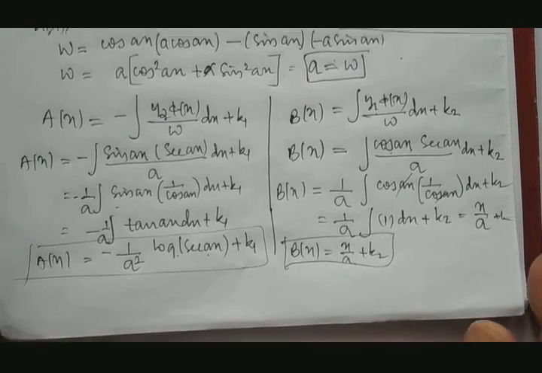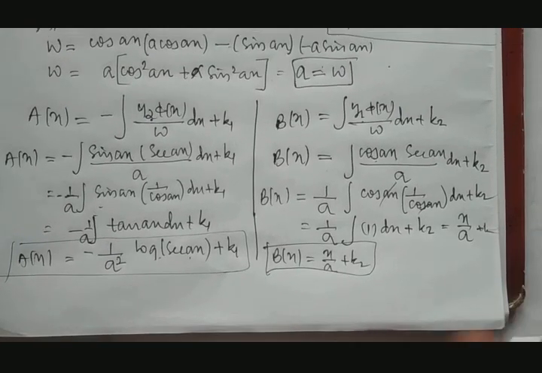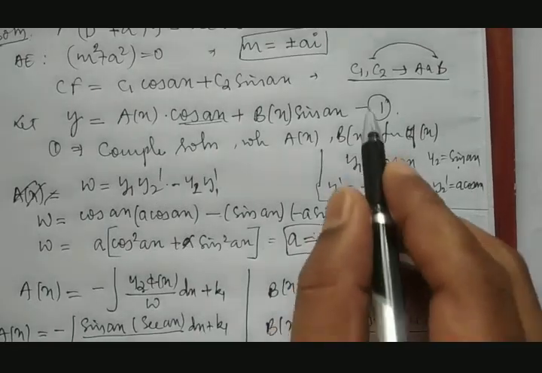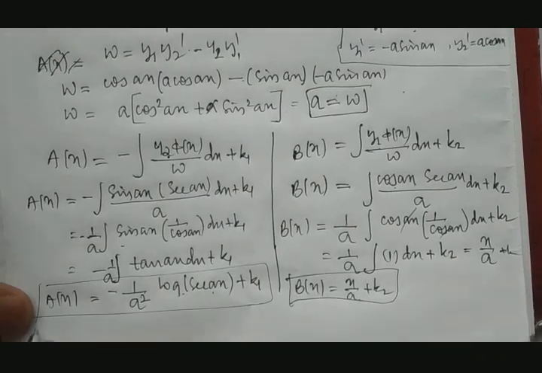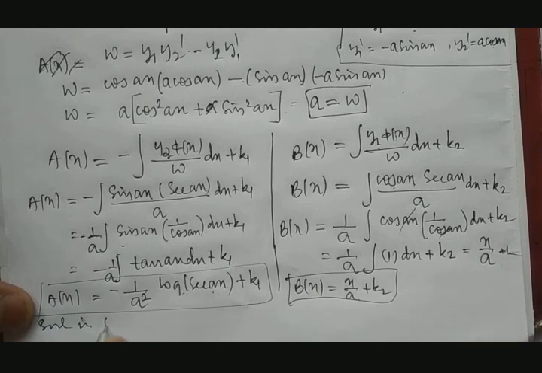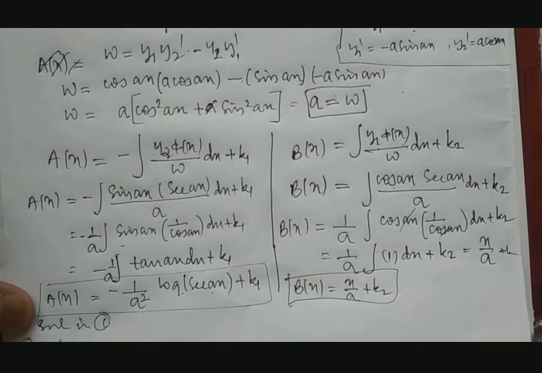Then substitute these values of A and B in equation number 1. Therefore equation number 1 becomes y is equal to A of x.